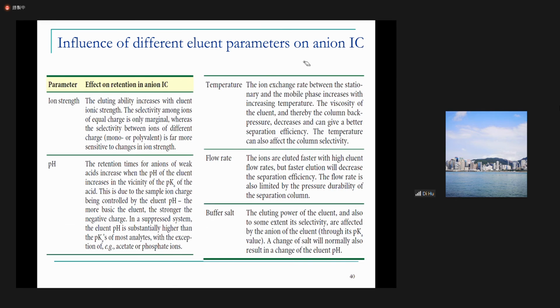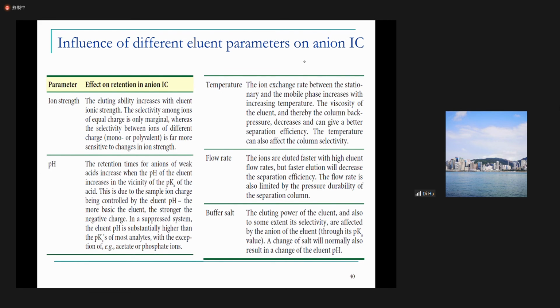Now let's look at the influence of different parameters on ion chromatography. We're just using ion chromatography as an example. First, ionic strength: the concentration of the competing ion, and also the nature and property of the competing ion.